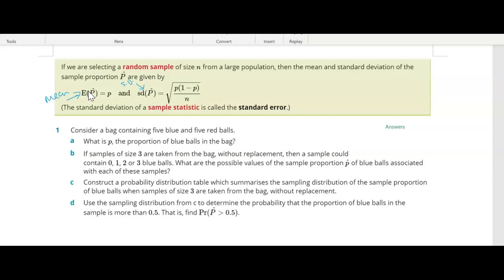Okay, so similar formulas as before, but you're used to seeing x, and now we're using p hat. The standard deviation of a sample statistic is called the standard error. All right, so that's important to note. So the standard error.